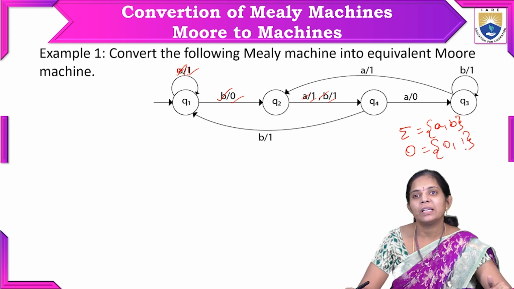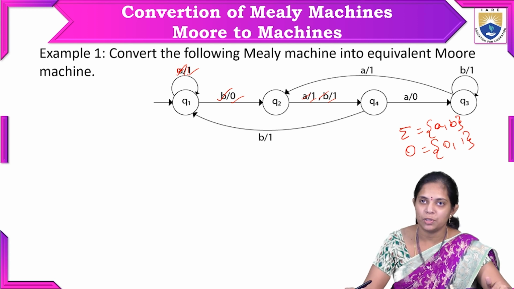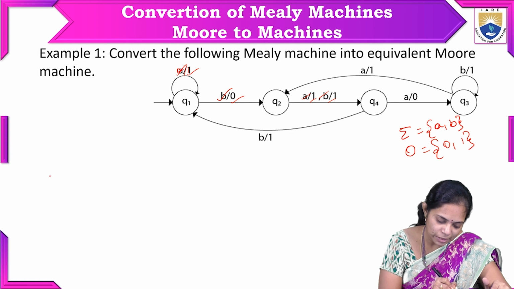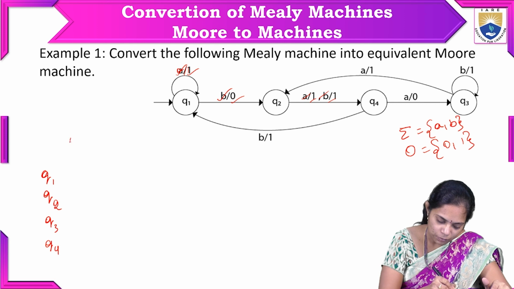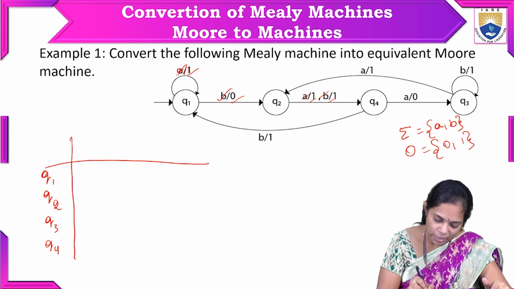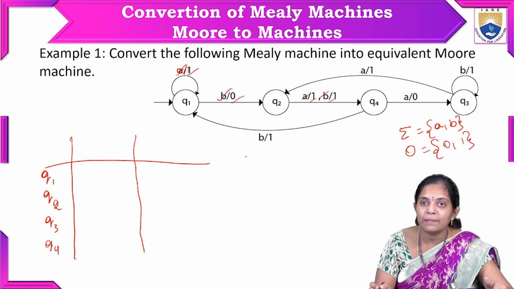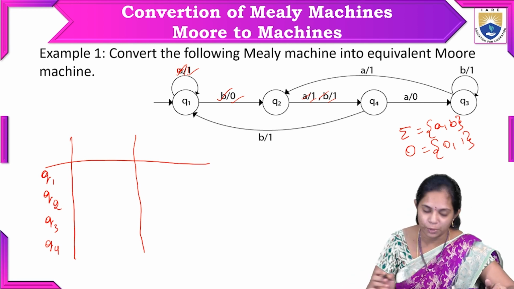So let's construct a transition table for the Mealy machine. How many states are there in this diagram? We have 4 states, so let's draw those 4 states. The transition table for the Mealy machine has the input as well as output.